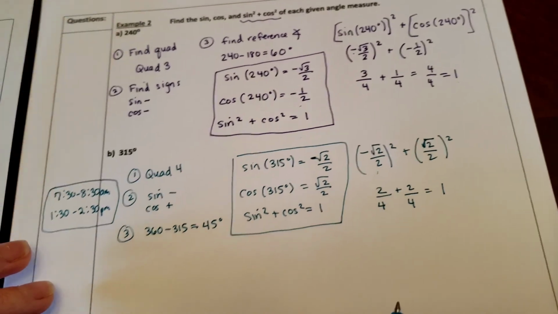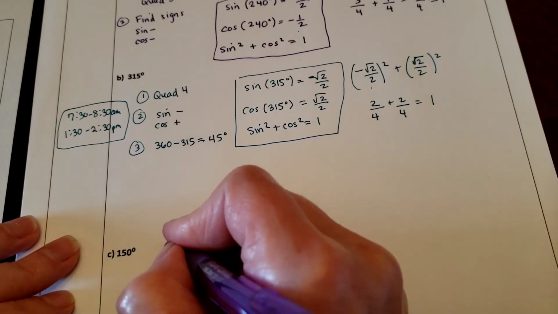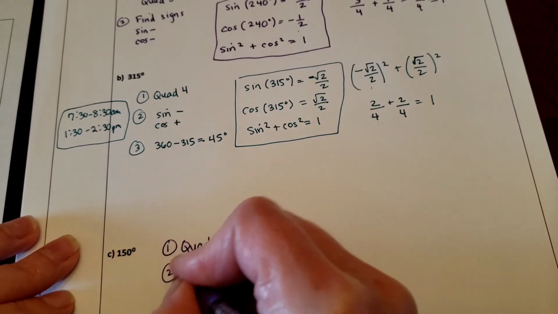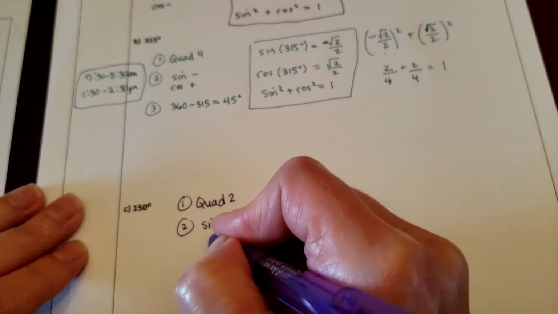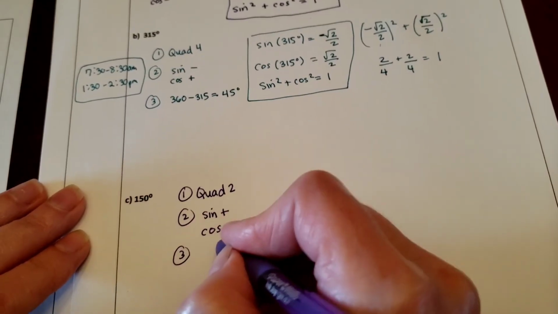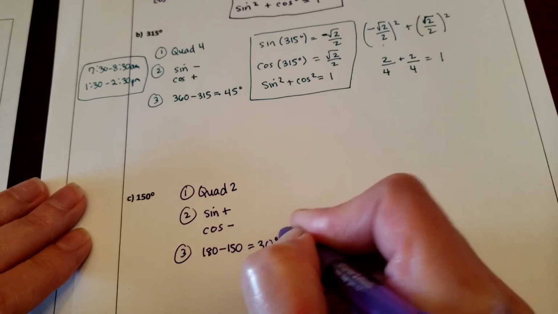All right, last one. 150 degrees. That's in quadrant 2. The signs for quadrant 2: your sine will have a value of positive, your cosine will have a negative value. Your reference angle is 180 minus 150, which is just a 30-degree angle.